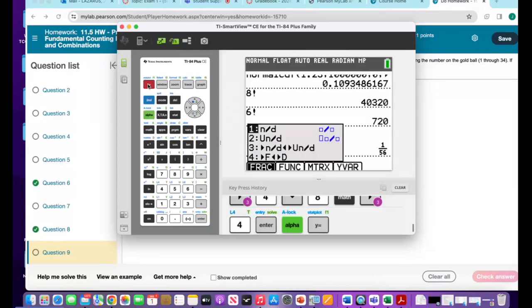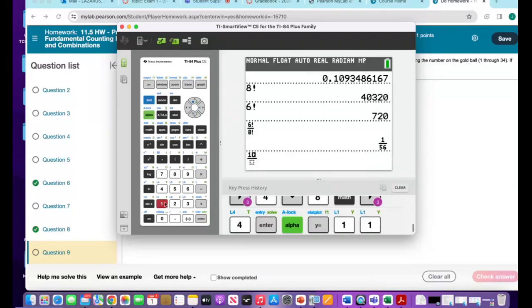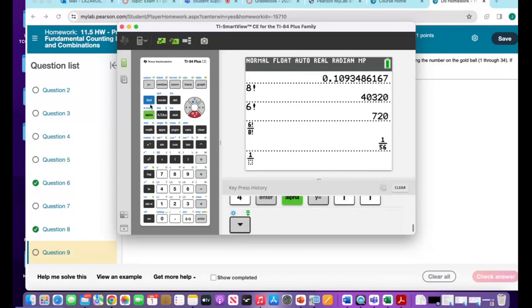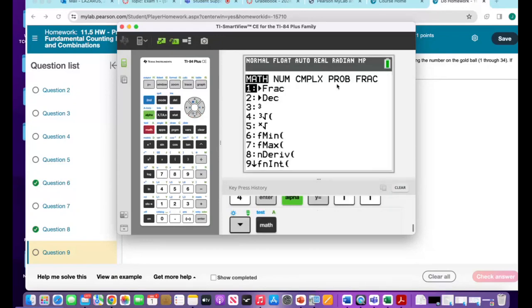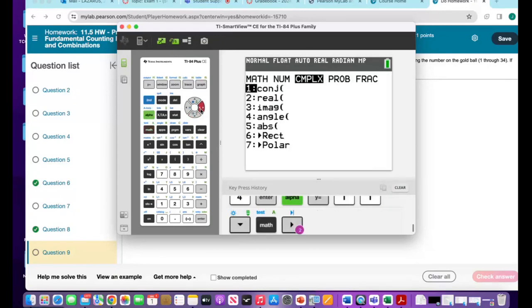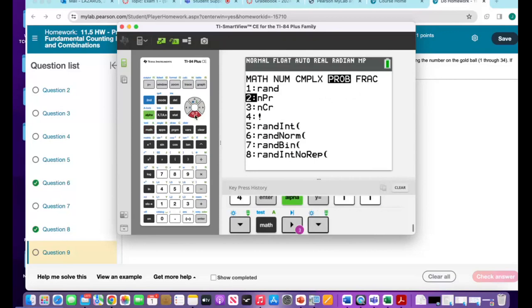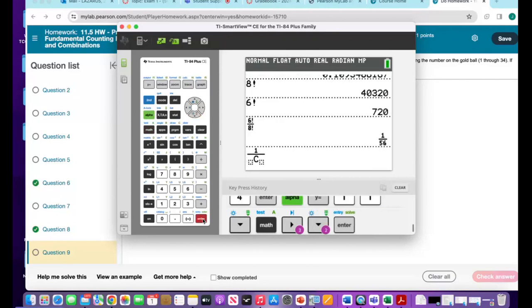So we have this alpha y equals, we're going to do 1 over, go to math and probability again. And we're doing a combination. And it was 43 choose 5. And times 1 over 34.